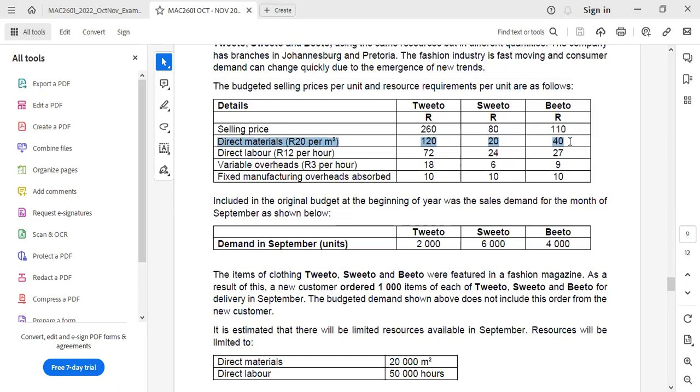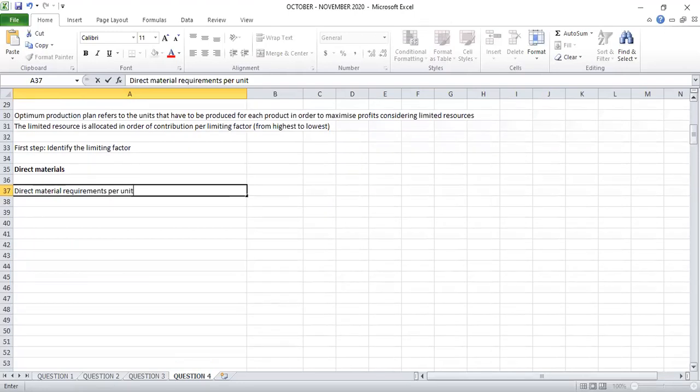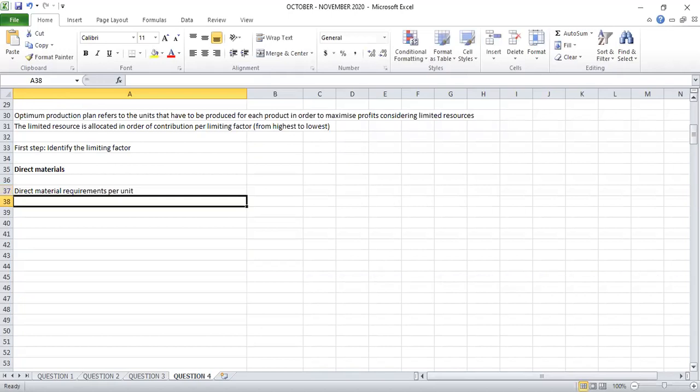If Twito requires 120 worth of direct materials, when the cost per direct raw material is 20 per square meter, we can easily determine the quantity by saying 120 divided by 20 for Twito, 20 divided by 20 for Sweeto, and 40 divided by 20 for Bito. So the direct material requirement per unit for Twito would be equal to 120 divided by 20, which is equal to 6 square meters.